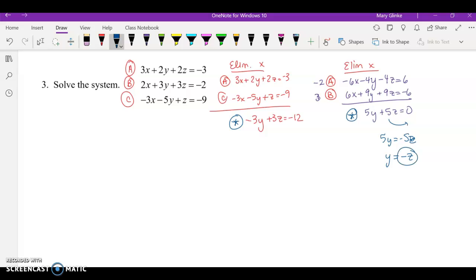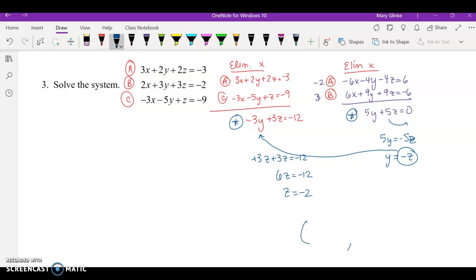So I actually used substitution for this one. I'm going to plug in negative z where I see that y. So this becomes positive 3z plus 3z equals negative 12, which then makes our z value negative 2.